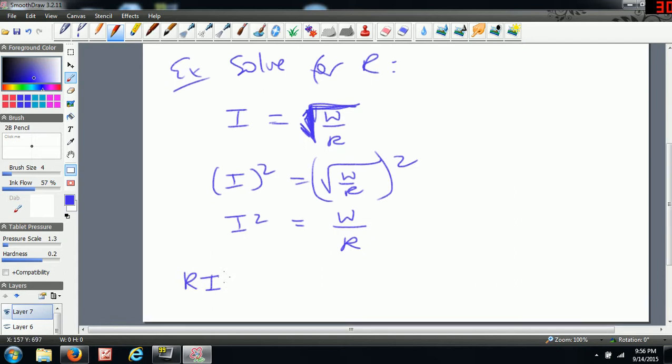So it's going to be RI squared equals W, and then R equals W over I squared would be your final answer. So to eliminate the root, you square both sides, and then solve for R. So that would be your answer there.